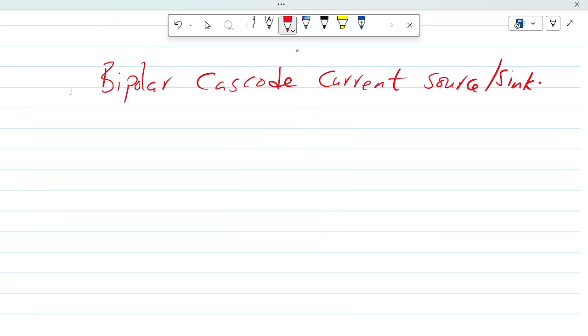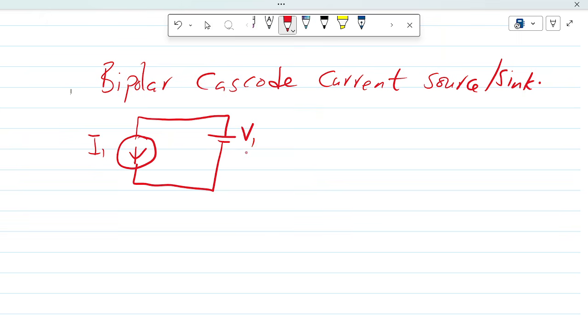Okay, so an ideal current source is supposed to behave this way. The current I1 is provided by the voltage V1, but the value of I1 does not depend on the value of V1.